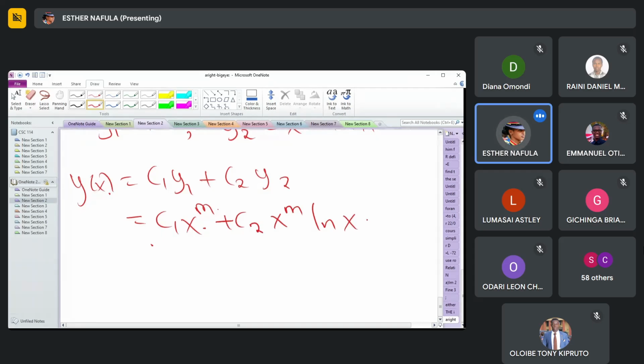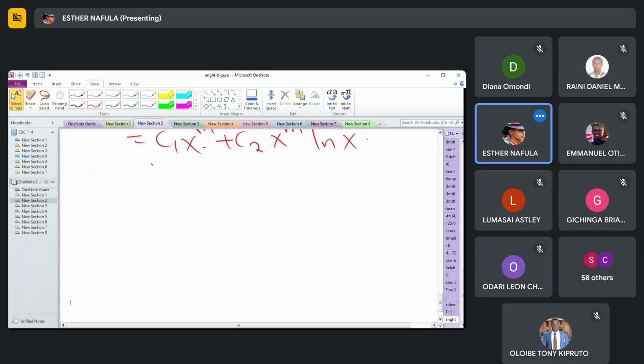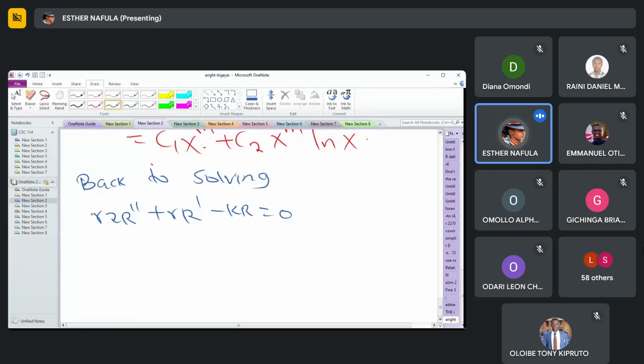We can now go back to solving our Laplace equation in polar coordinates. We had our two separated equations. Back to solving r squared r double prime plus r prime minus kr equals 0.